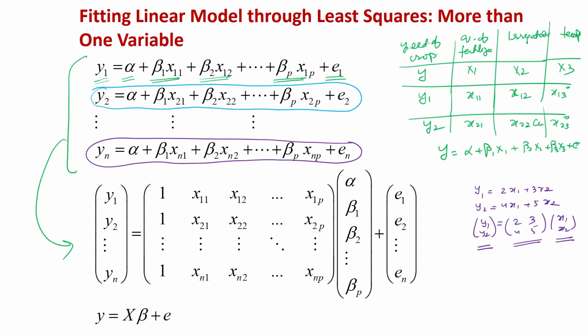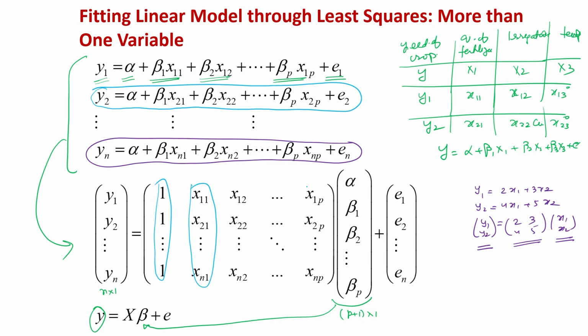All these values y1, y2, yn are now in an n cross 1 vector, which is indicated here as y. Then all the coefficients alpha, beta 1, beta 2, beta p form a vector of order p plus 1 cross 1, and this is indicated by beta. Now, in the observations, the first column becomes 1, the second column becomes x11, x21, xn1, and the pth column becomes x1p, x2p, xnp.